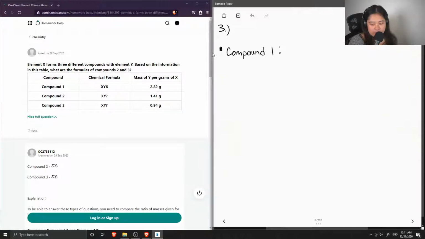So we know its chemical formula is 1 X atom and 6 Y atoms.